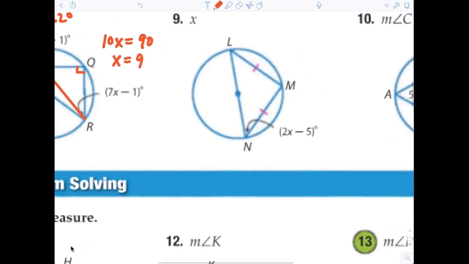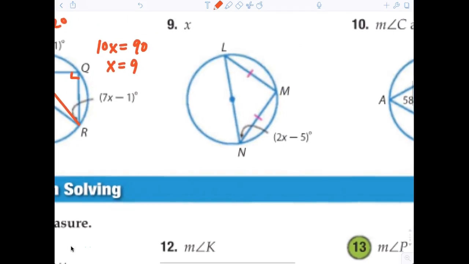Now over here, you should be able to quickly tell me the measure of angle L and the measure of angle N. 45 degrees. You should be able to just say that, because it's an isosceles right triangle, so angle M has to be 90 degrees.